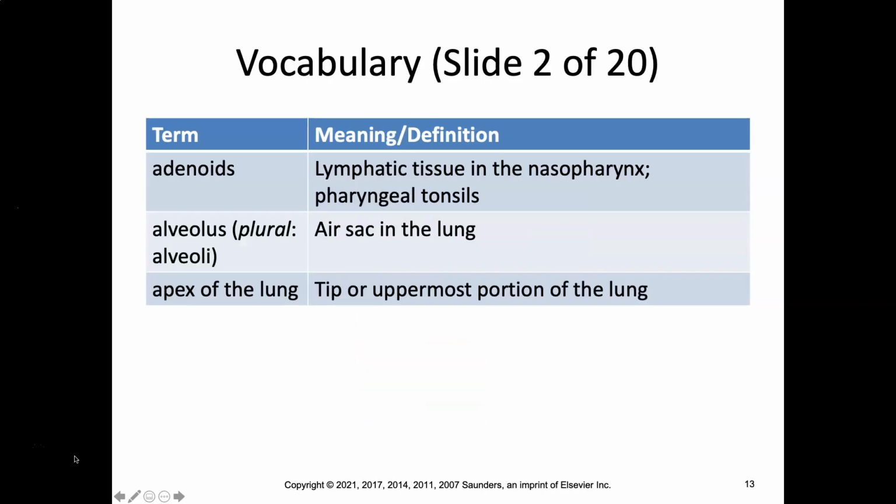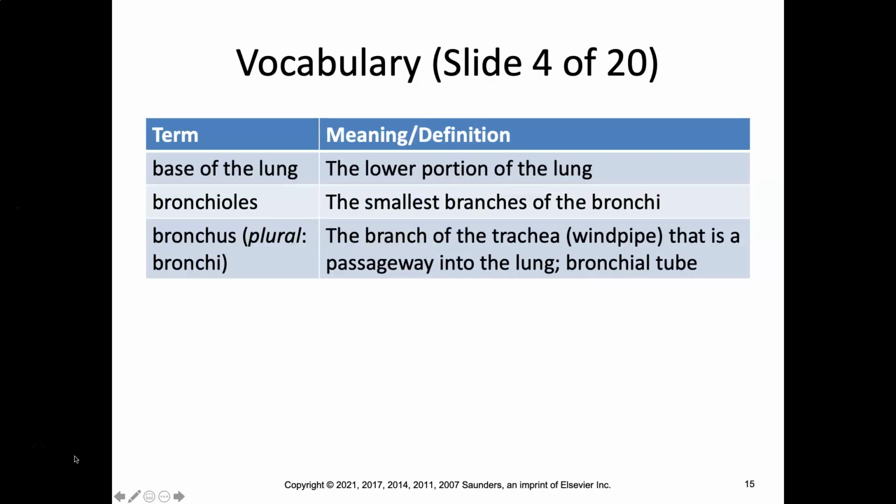So let's talk about vocabulary. We have adenoids. That is lymphatic tissue in the nasopharynx. It's called pharyngeal tonsils. Note alveolus and alveoli, good old Latin, back again. Alveolus is singular, alveoli is plural. All right, bronchioles, those are the smallest branches of the bronchi.